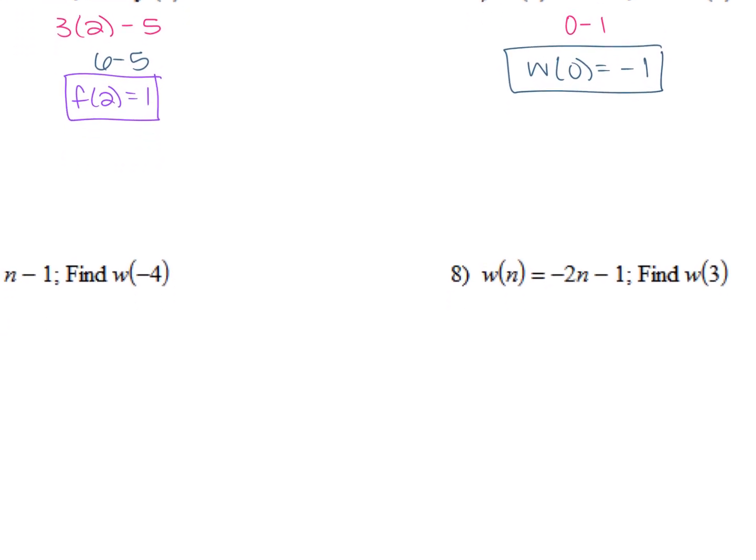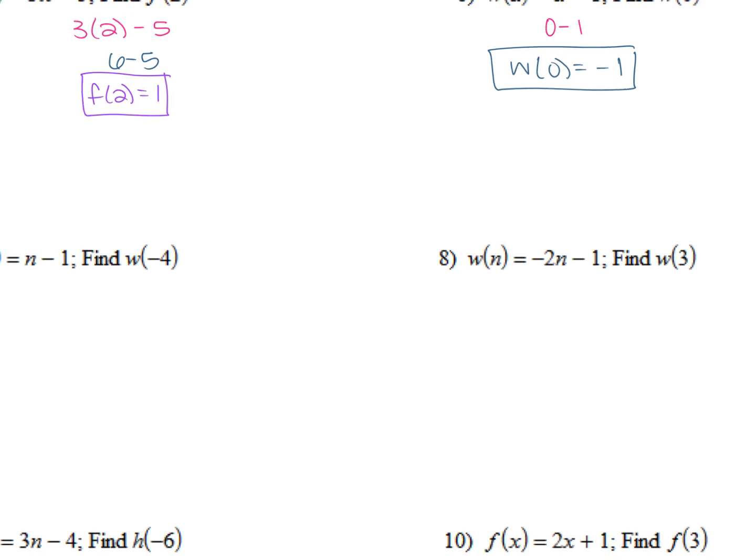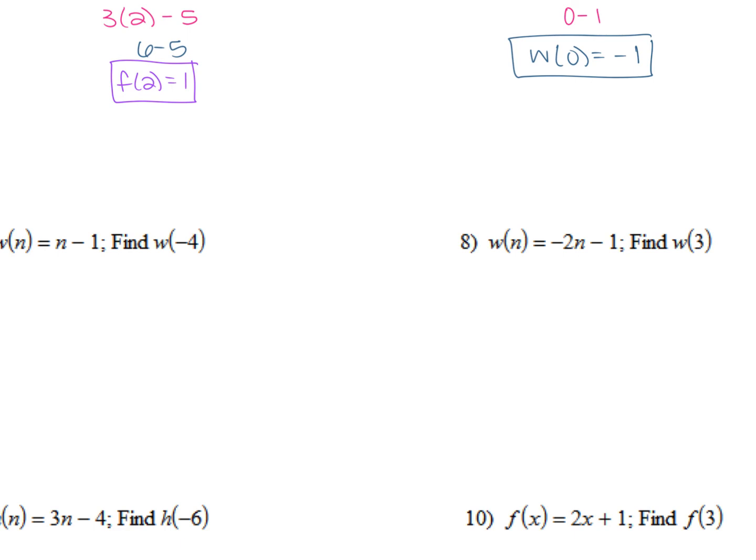For 7, we have w of n is equal to n minus 1. We're finding w of negative 4. So with this one, we're just going to have negative 4 minus 1, which is negative 5. So w of negative 4 is equal to negative 5.